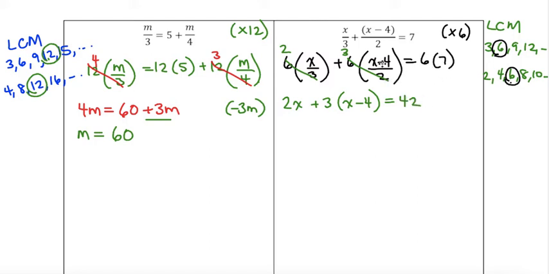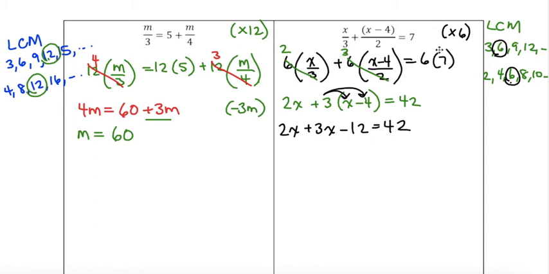So you'll notice in this case, I have a bracket that I need to look after first. So I want to apply the distributive property to everything inside of this bracket. So I have 2x, 3 times x is positive 3x, and 3 times negative 4 is negative 12.